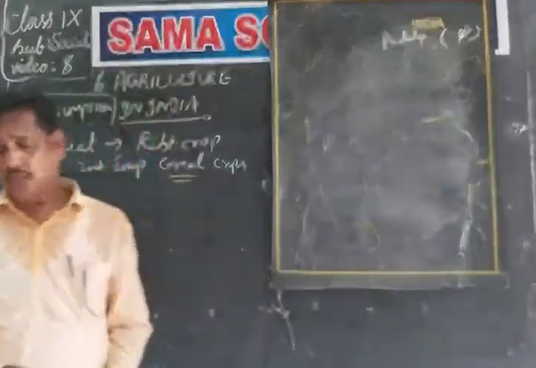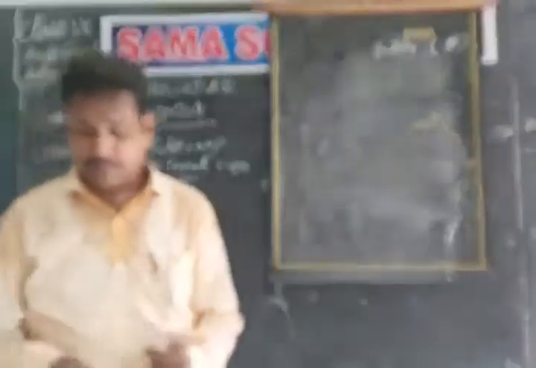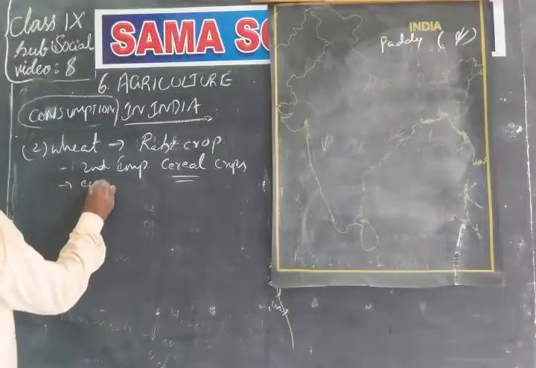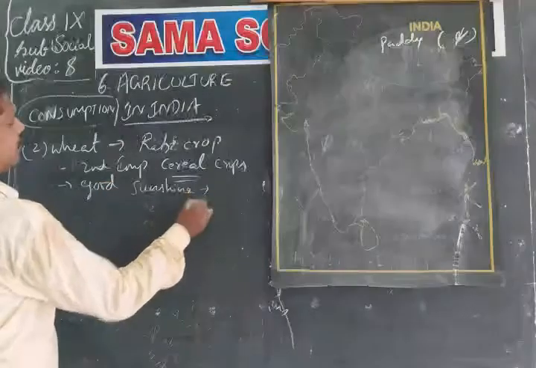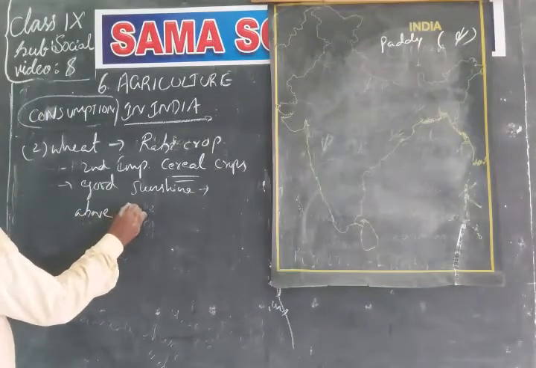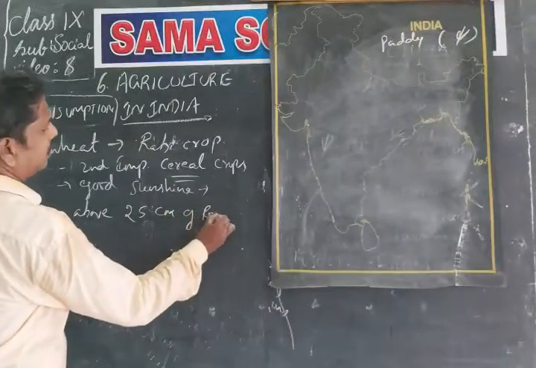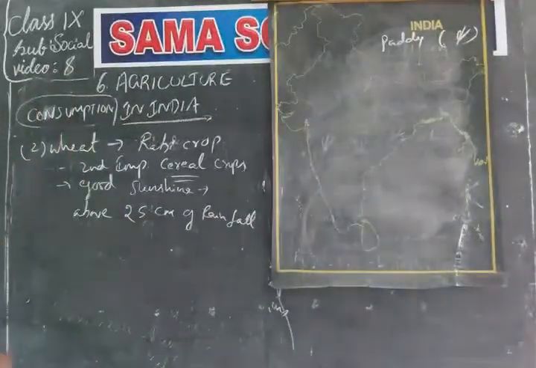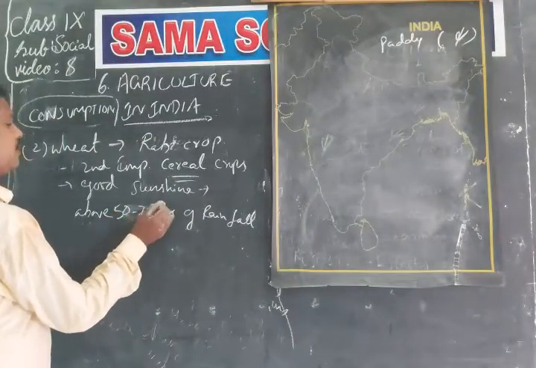Okay, children. Wheat requires bright sunshine at the time of ripening. Good sunshine is enough; a higher temperature is not necessary. It also requires about 50 to 75 centimeters of rainfall.